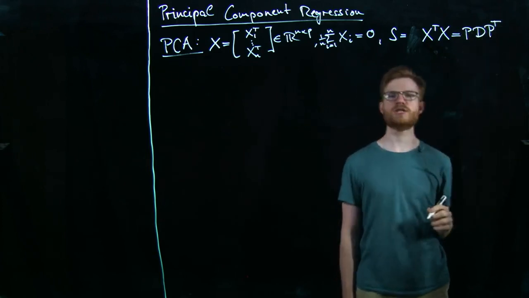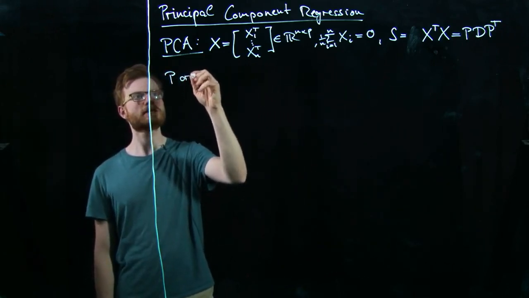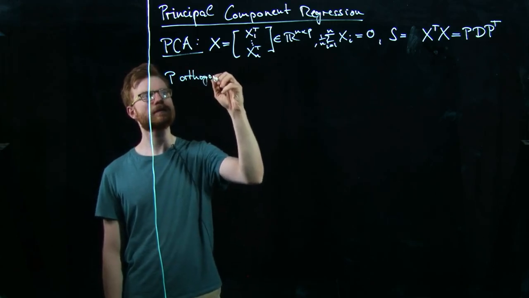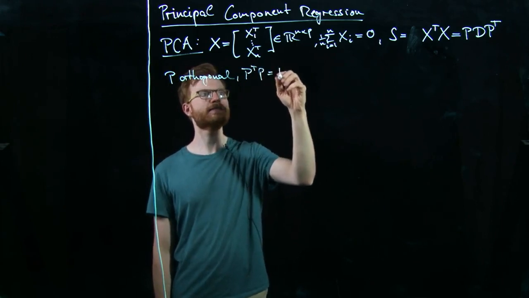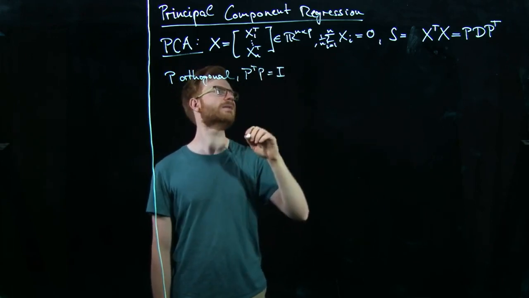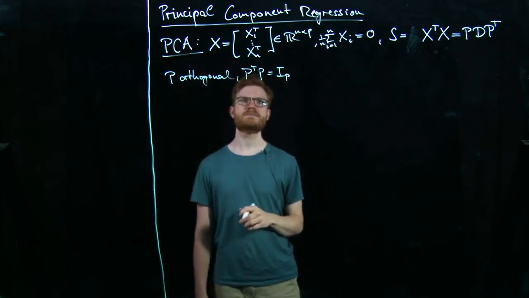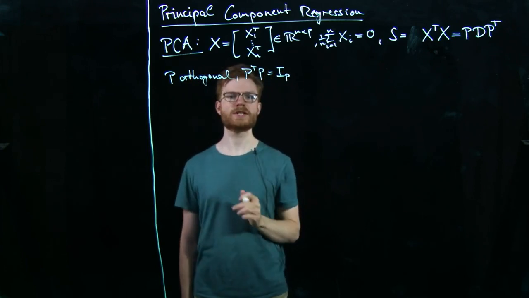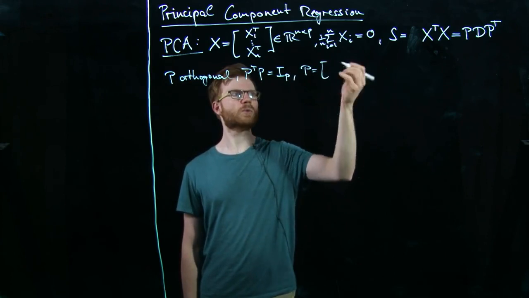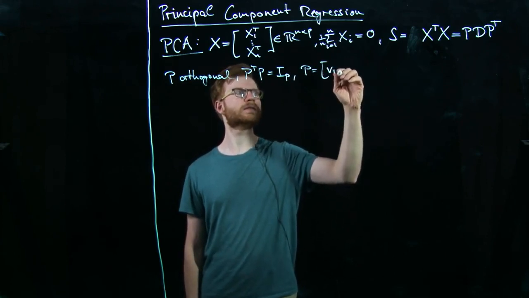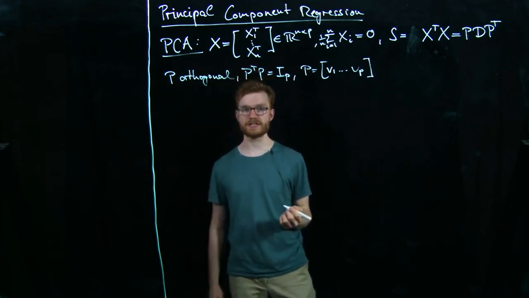P D P transpose, where P is an orthogonal matrix. That means P transpose P is the identity in p dimensions. This is a p-dimensional matrix. What this means, in other words, is that the columns of P, which I'll denote by V1 up to Vp, are orthogonal vectors and that they have unit norm.